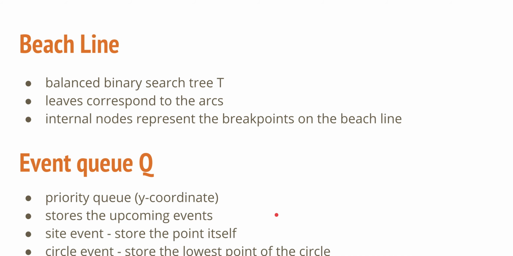In order to have n log n running time, we have to keep the beach line as a balanced binary search tree whose leaves correspond to the arcs and whose internal nodes correspond to the breakpoints on the beach line. And we also have an event queue, which is a priority queue with the y coordinate that will store upcoming events, either side events or circle events.